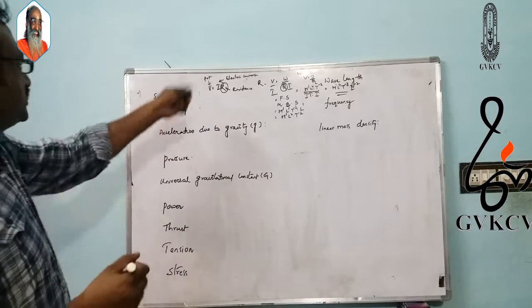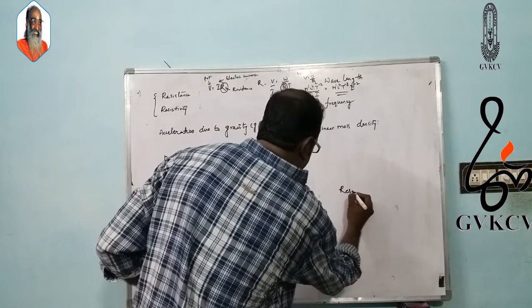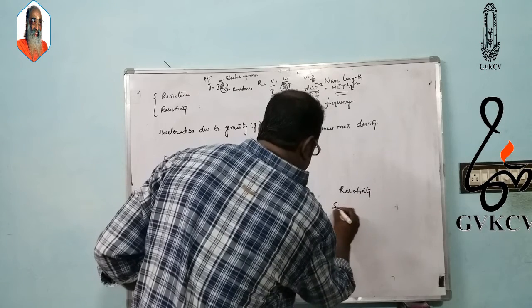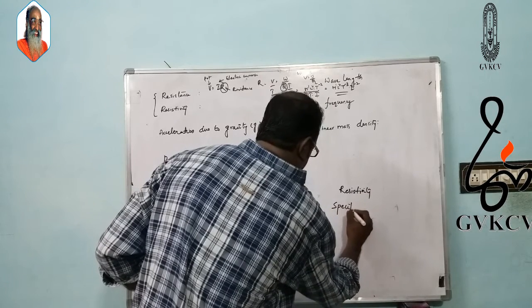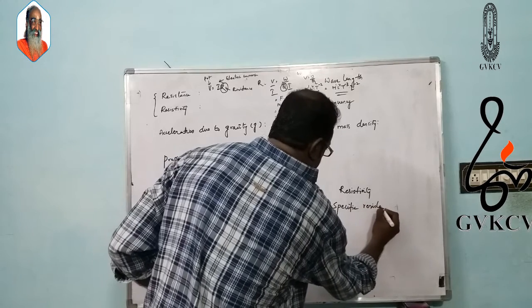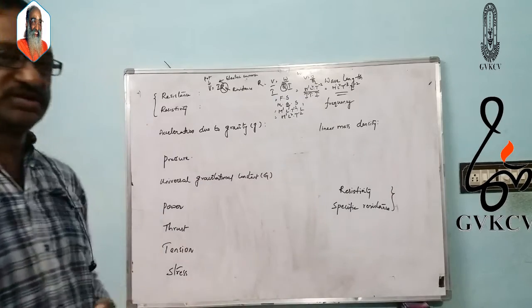Next is the resistivity. How to write for resistivity? Resistivity, or you might write it as specific resistance. Both mean the same. What is this specific resistance?